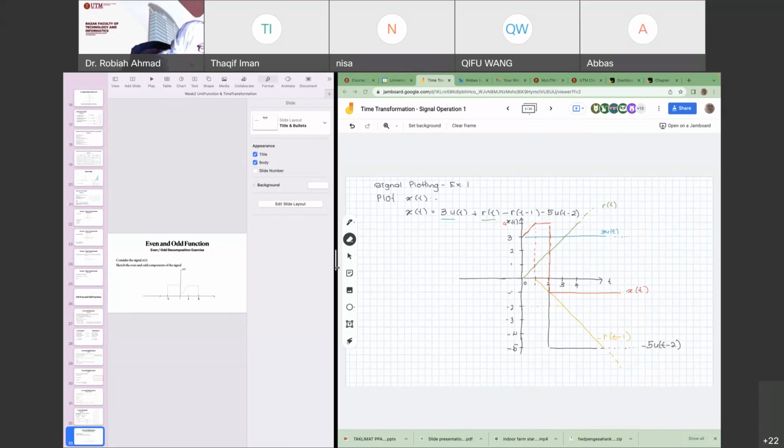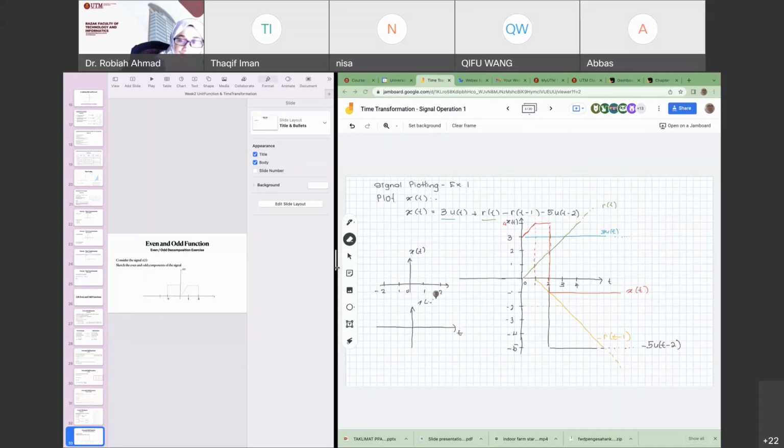So one way of doing it, and then you have the signal. Okay, draw the signal x(t), then with the time frame, and then you draw another signal which is the reversal of the signal.